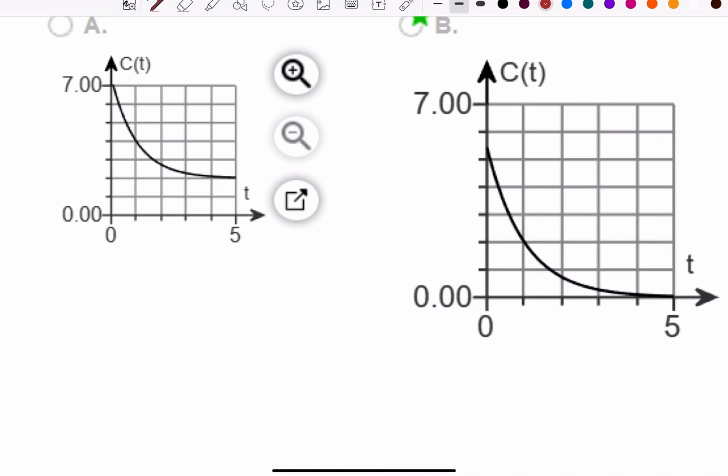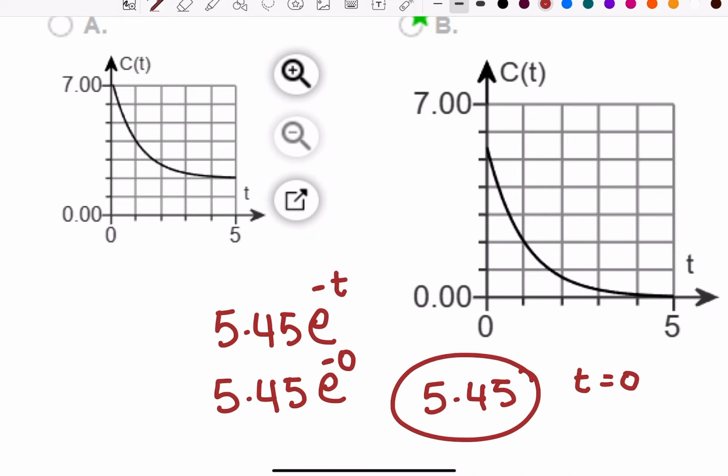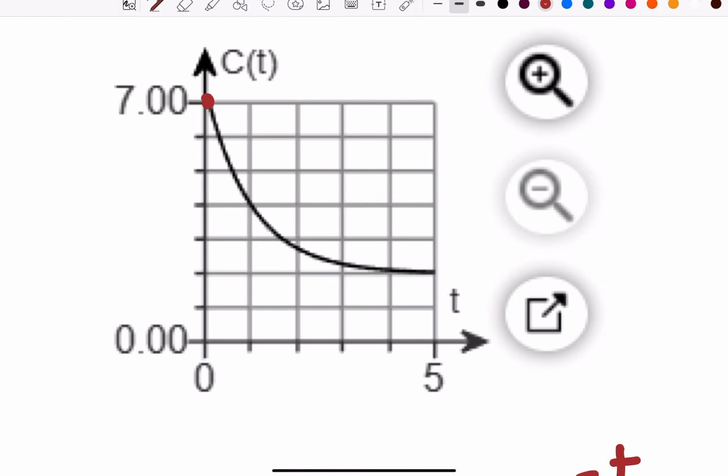The easiest way is 5.45 e to the power negative t. Plug t as 0. What do you get? 5.45 e to the power negative 0. Anything to the power 0 is 1, so it's 5.45. That means at t equal to 0, you should have 5.45. Let's zoom in here. At t equal to 0, the drug value is 7, so it's not this.